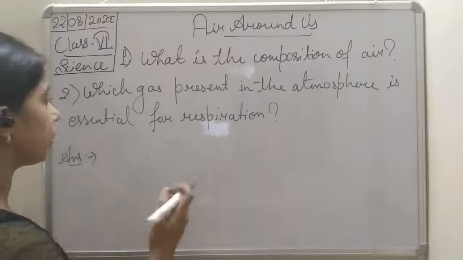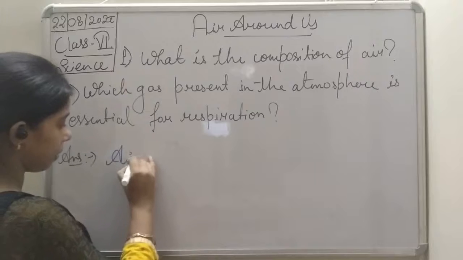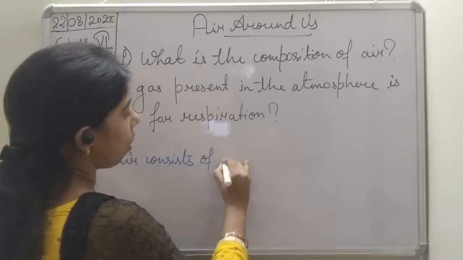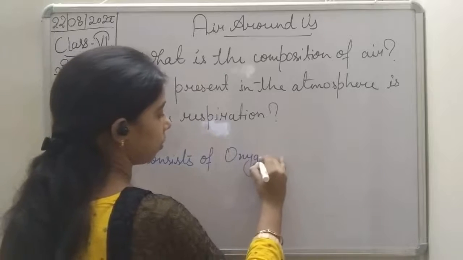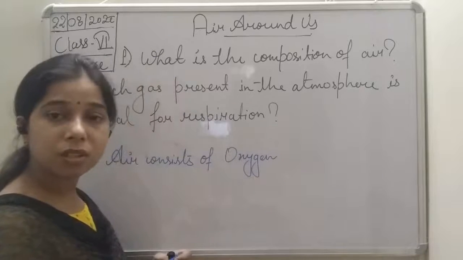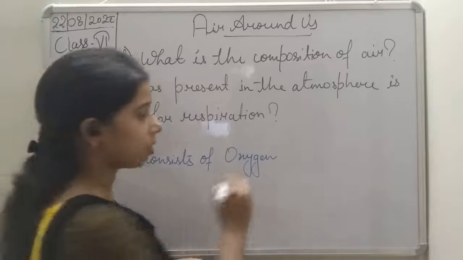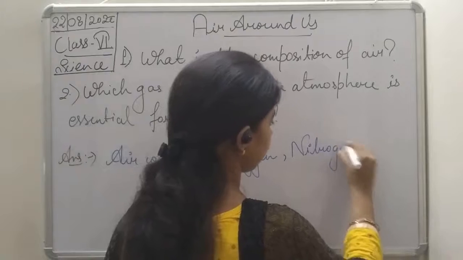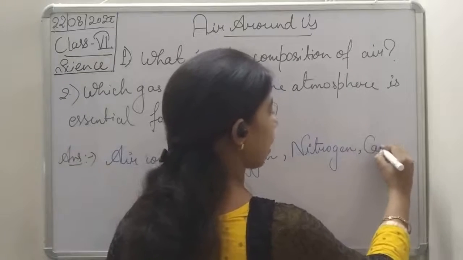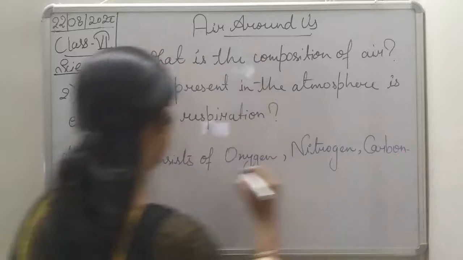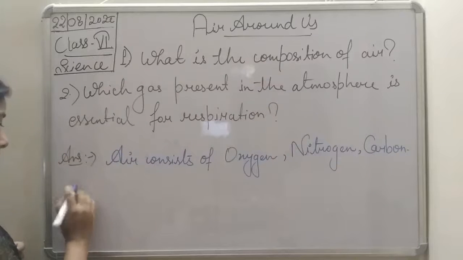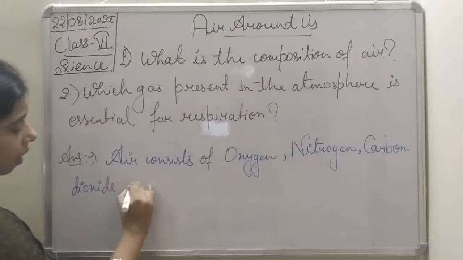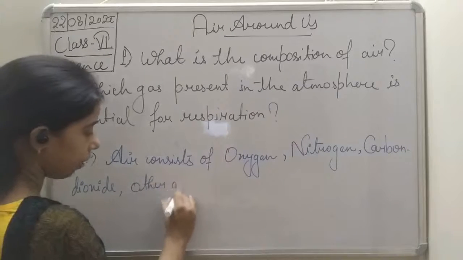So we can write it: air consists of oxygen. 21% of oxygen is present in the air. Nitrogen, then carbon dioxide, then other gases are also there.